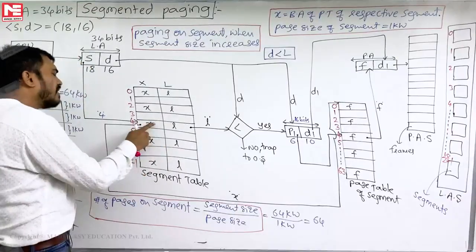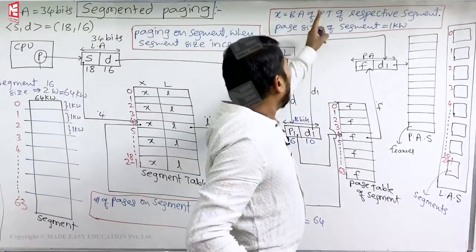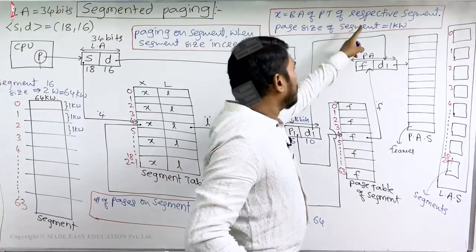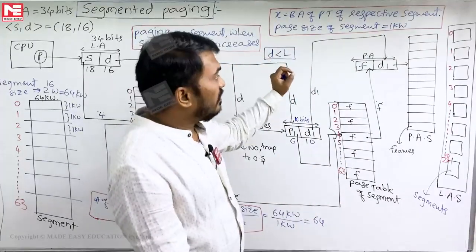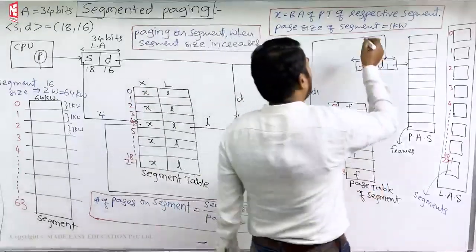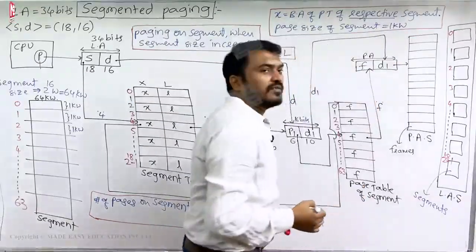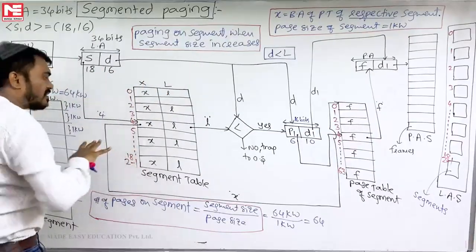Now, what is X here? I have written it there. X means the base address of the page table of the respective segment. Don't get confused, I am using the word respective. Why am I using the word respective? Because you are having a total of 2 power 18 segments.